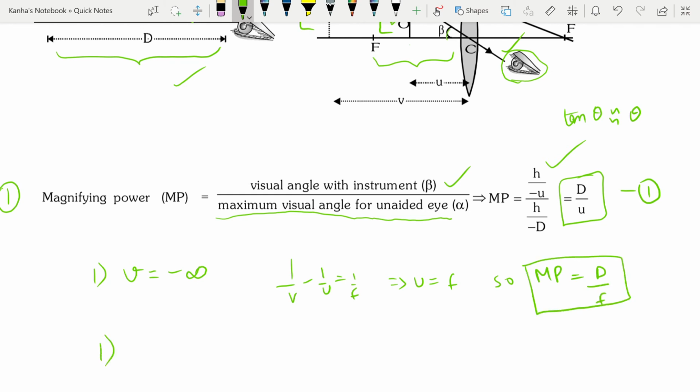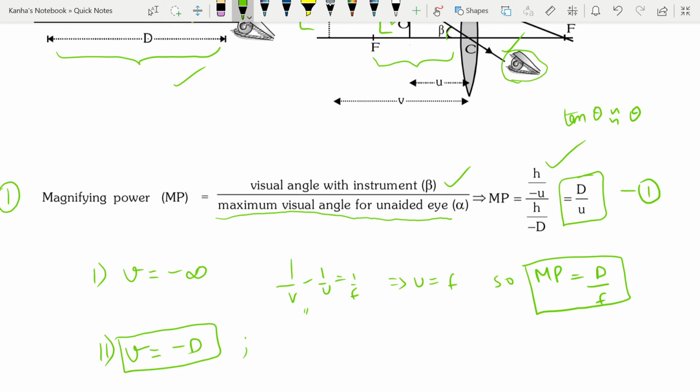Okay, next case that I see is if the image is at a minimum distance of clear vision, which was d. So if v is equal to minus d, d is extremely important. If I just apply the above equation again, what do I see?